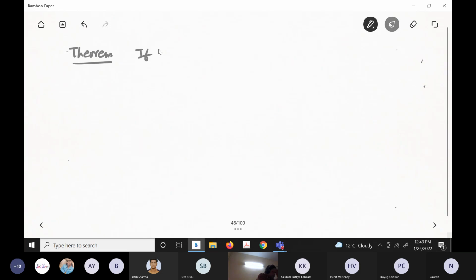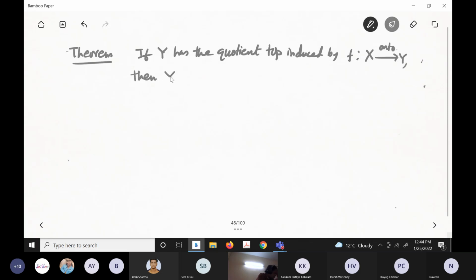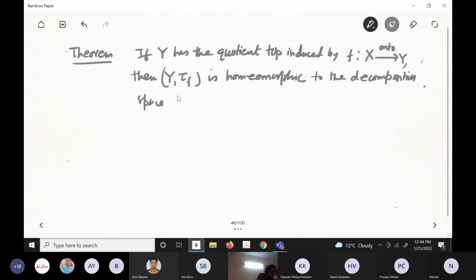If Y has the quotient topology induced by this map, which is onto, and on X you have the topology tau, then Y with tau F is homeomorphic to the decomposition space D here.